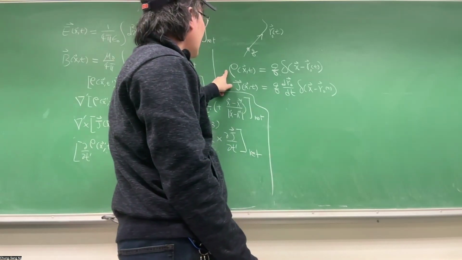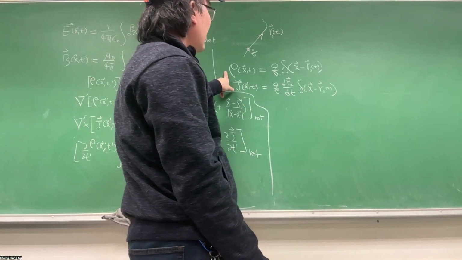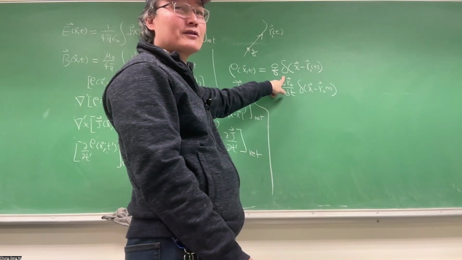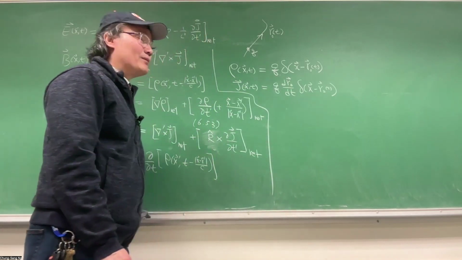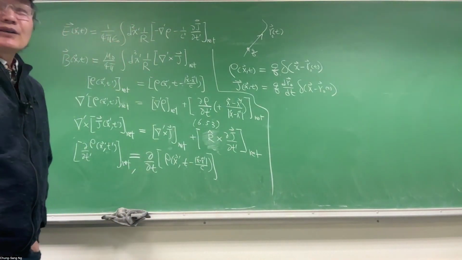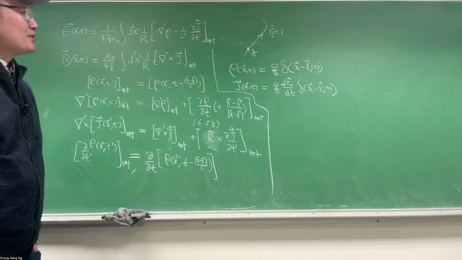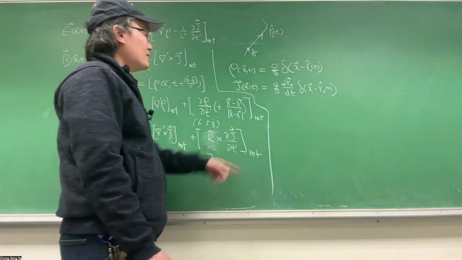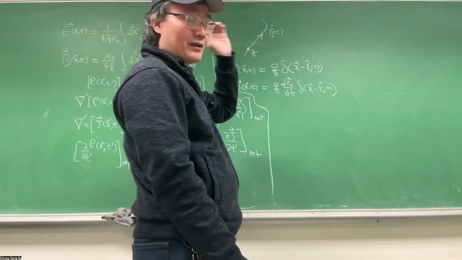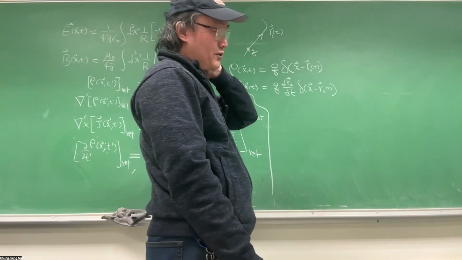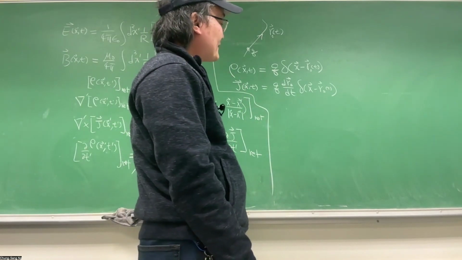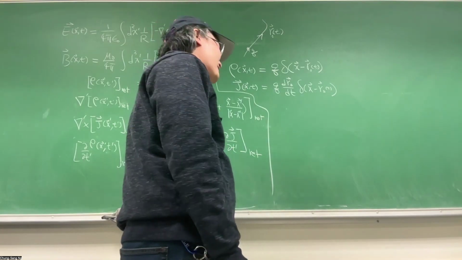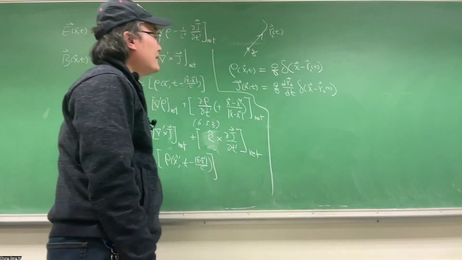Then you find yourself in a problem that you want to take the derivative of a delta function, which is a little tricky. It's not impossible to do, but it's trickier. You get into the derivative of the delta function. The delta function is always singular, and you take another derivative, which is taking a derivative of a singular function.